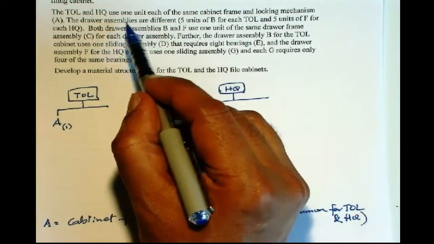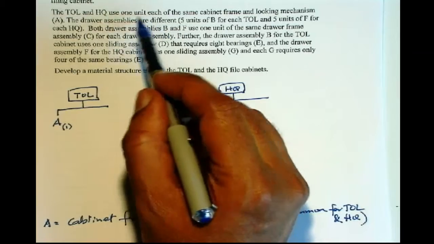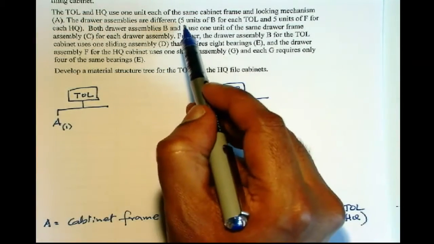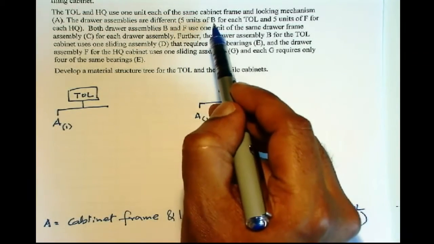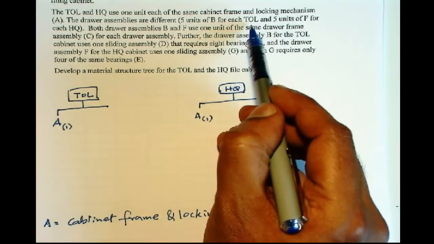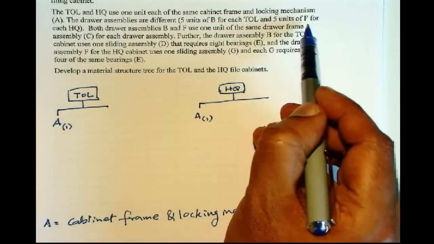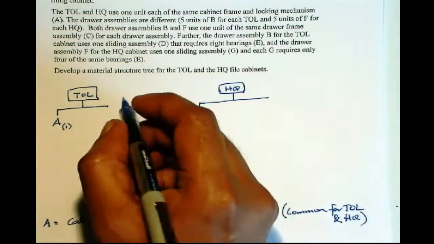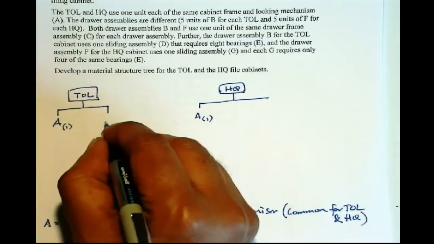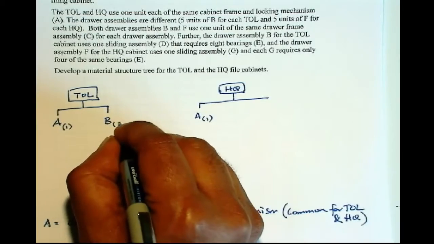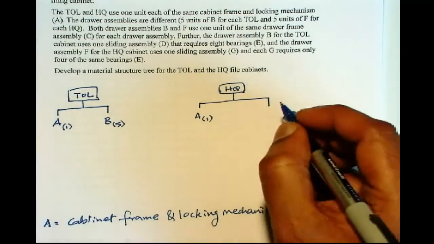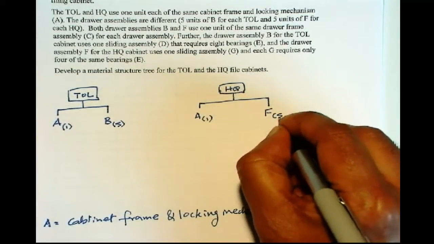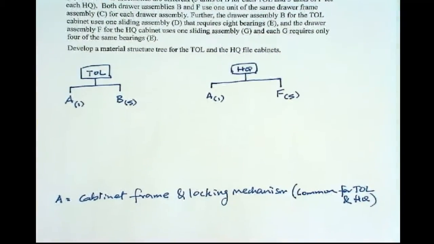Then the drawer assemblies are different for TOL and HQ. So we need 5 units of B for TOL and 5 units of F for HQ. So what is B here?